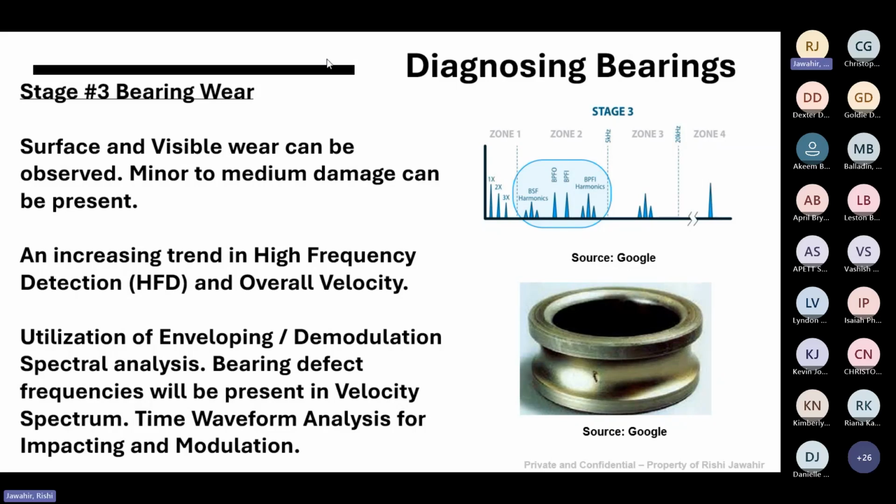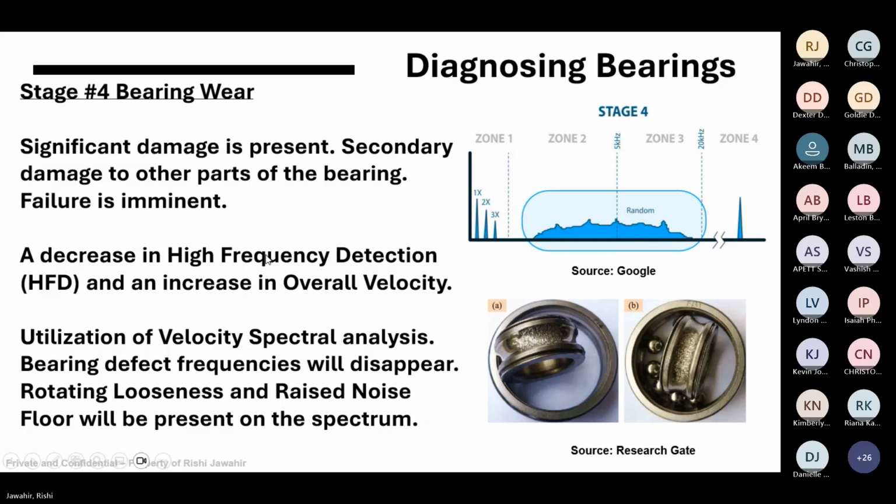Now, at this point in time, if there's no intervention on the bearing, there is the possibility of failure happening rapidly. And coming to the last stage of bearing wear, what is known as stage 4, there's significant bearing damage happening, something known as secondary damage, where one component fails and causes secondary damage on the other parts.